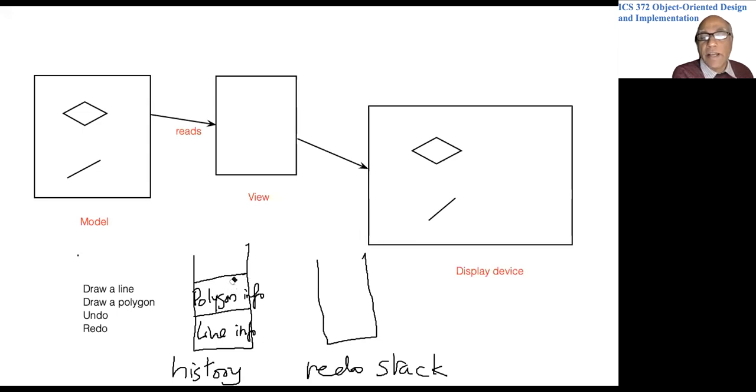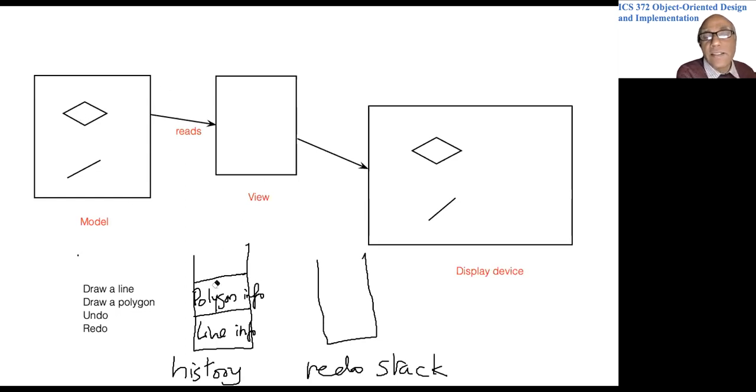One is an undo manager, which keeps track of these two stacks, the history stack and redo stack. When an undo is needed, it manages the process of popping the history stack and pushing information onto the redo stack. And when a redo is initiated, it pops the redo stack and pushes that information into the history stack. So that is one class, an undo manager.